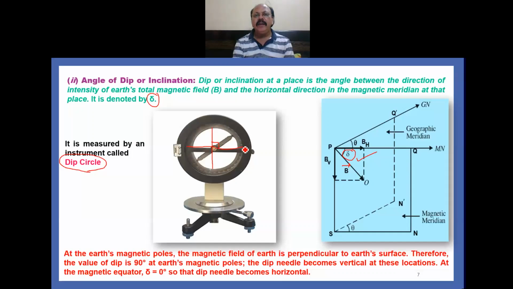So that's why the angle of dip is 0 and the magnetic needle becomes horizontal. That's why we say that the angle of dip at a place is always defined, because its value is different at different places.